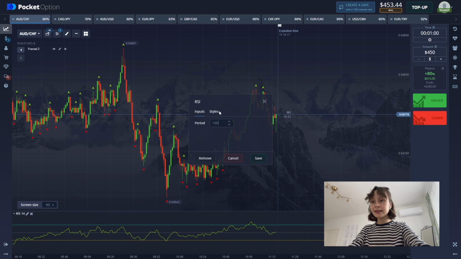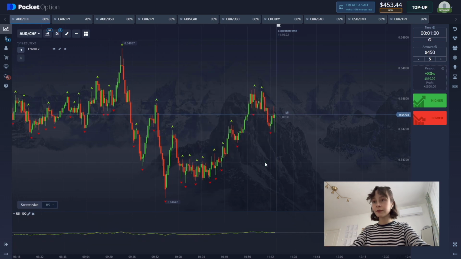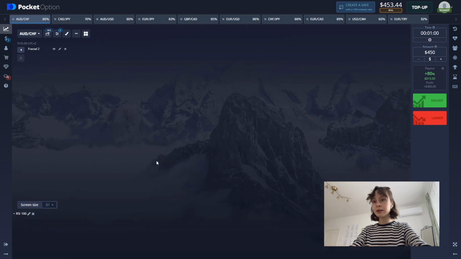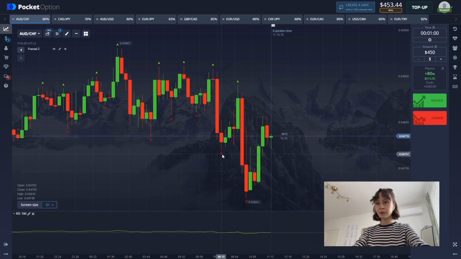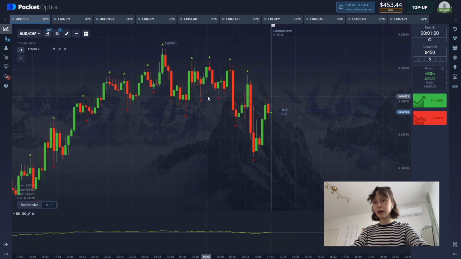So let's actually decide what trends we have here. We're gonna put the period of 100 on the RSI, and we're gonna put the daily chart. And let's see what is happening. Let it be 1 day.